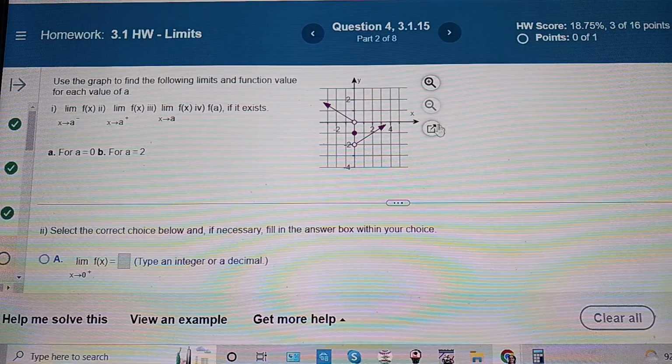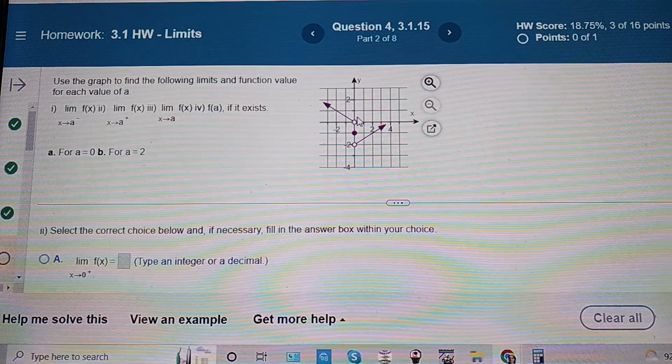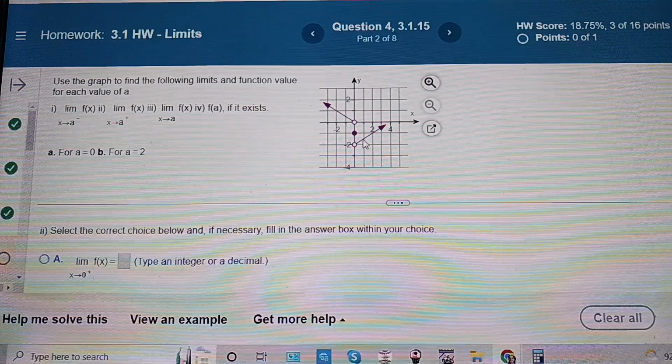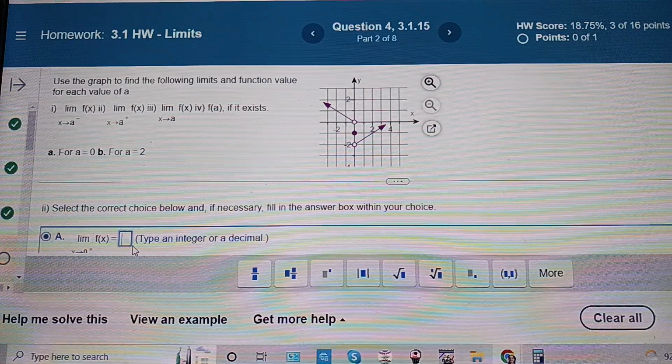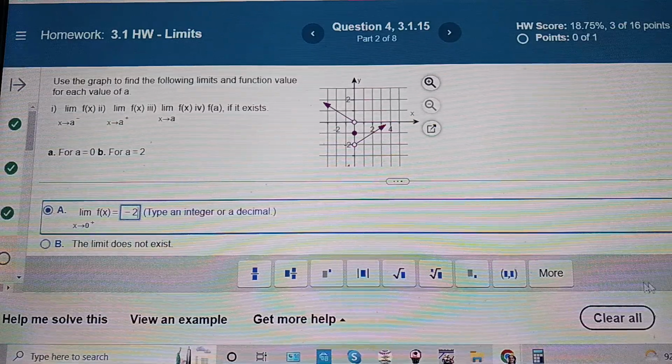Then I come in from the right till I get close to x equals 0, which would be the right-hand side of this circle. Now if I go up, I don't touch anything. But if I go down, I would only touch right there where that arrow's coming out of that circle. So I'm virtually at -2 right there. So the right-sided limit, where the plus is, that's -2.